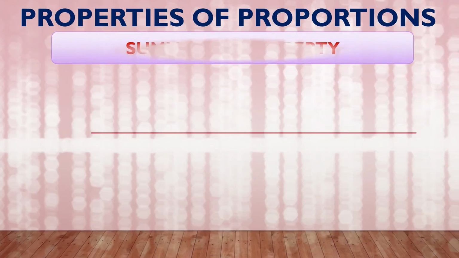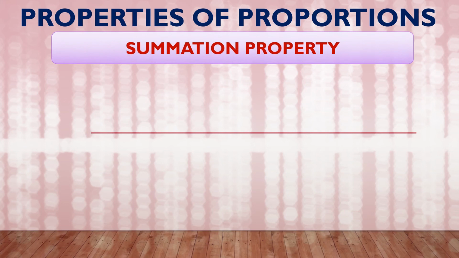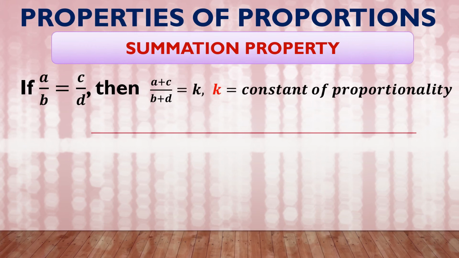Our last property of proportion is known as the summation property. So there's something to do with addition, no? So if A over B equals C over D, where B and D should not be equal to 0, then A plus C over B plus D is equal to K, no? Ano kaya itong K na to?